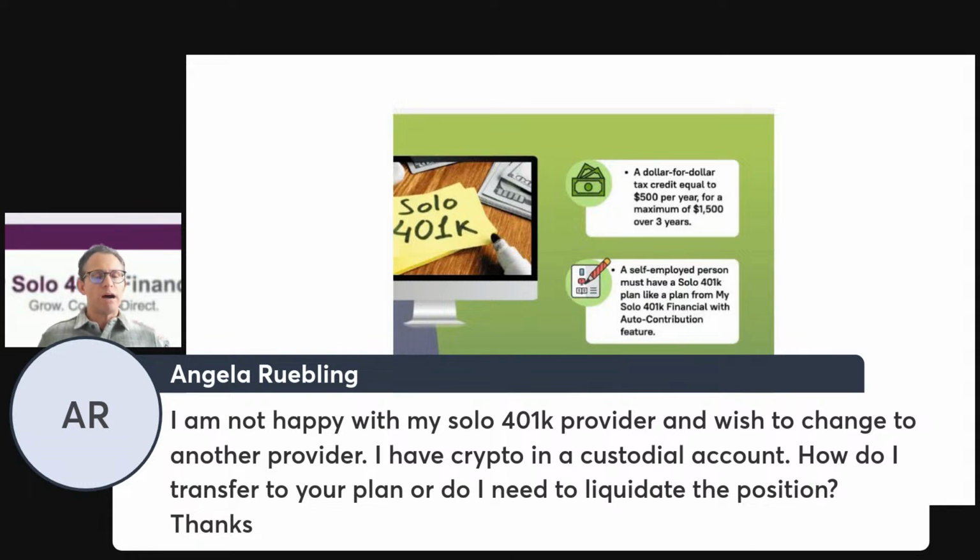We would be the plan provider, and then you can communicate to the current provider that you've switched providers. So send us an email if you want to explore it further. Send it to business@mysolo401k.net. But yes, we restate a lot of plans from other competitors as well as from traditional firms like Fidelity and Schwab, if you have a solo 401k there.